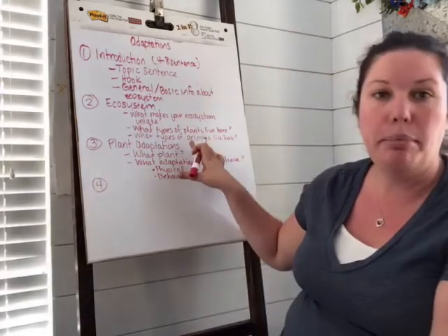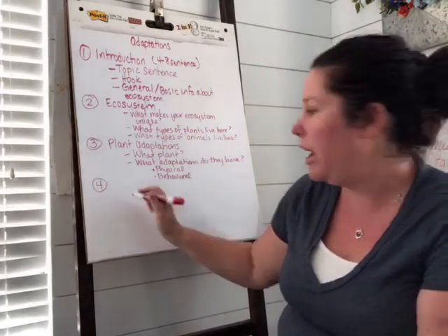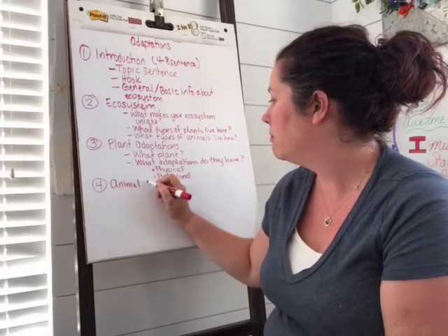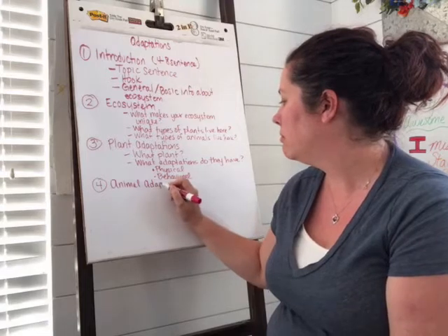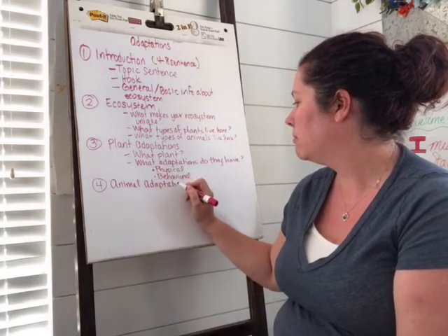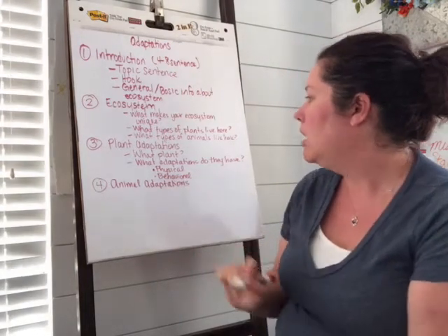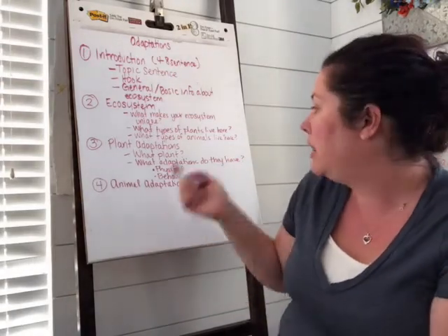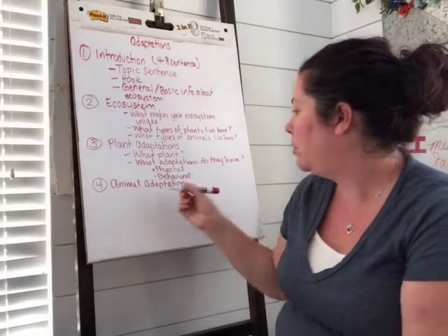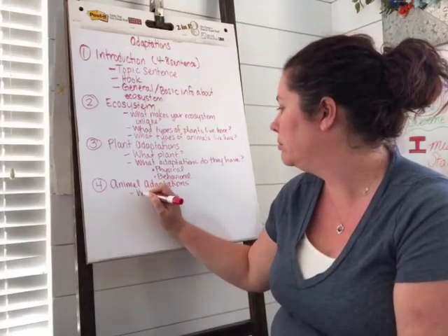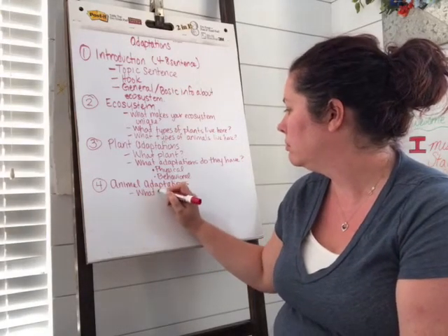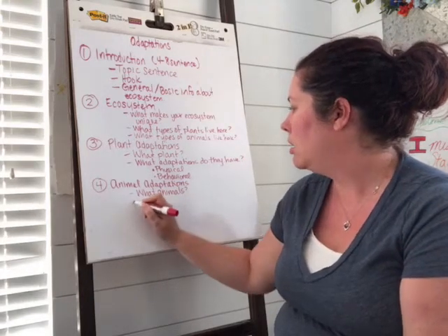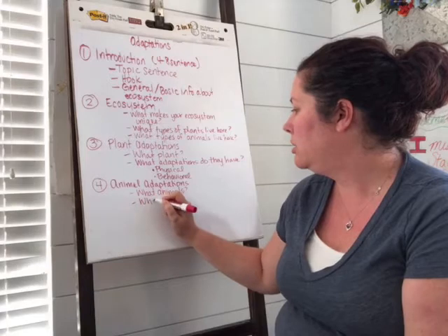And so just like you talked about plants, we're now going to talk about our animal adaptations. And you're going to have the same questions. What kinds of animals live here? And then what adaptations do they have? So what animals and what adaptations do they have?